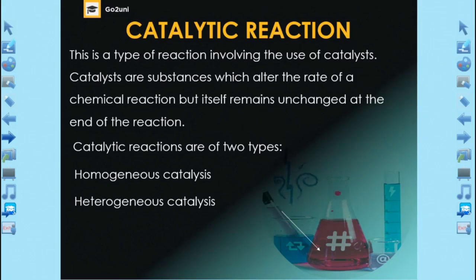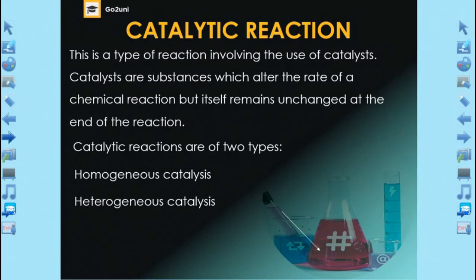Catalysts are substances which are said to alter the rate of any chemical reaction, but itself remains unchanged after the reaction. There are different types of catalytic reactions. They are homogeneous catalytic reaction or catalysis, and heterogeneous catalytic reactions.